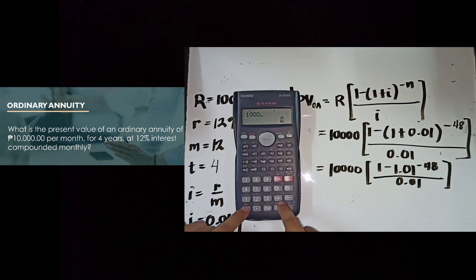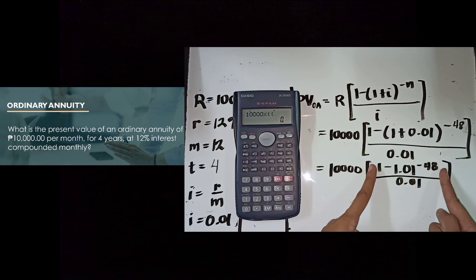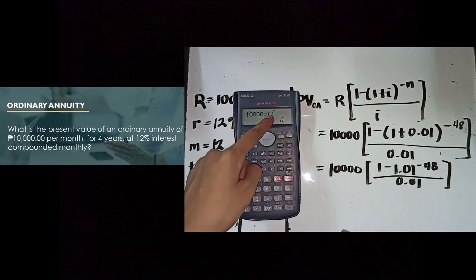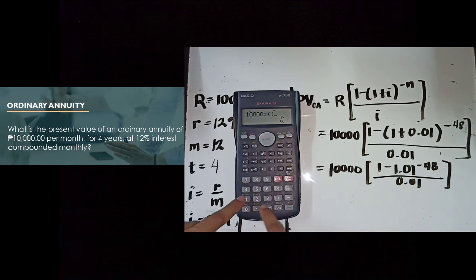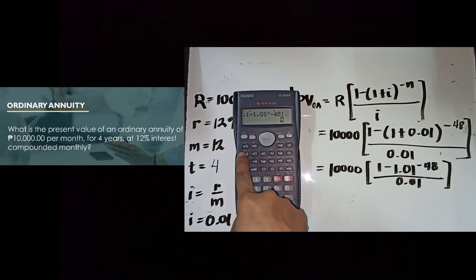So, 10,000 multiply by quantity. Okay, so dalawang parenthesis para dito at para dito sa numerator. Okay, so quantity 1 minus 1.01 raised to negative 48. Okay, so close parenthesis over 0.01.